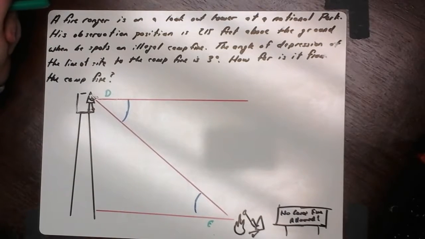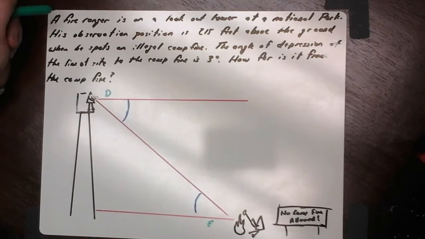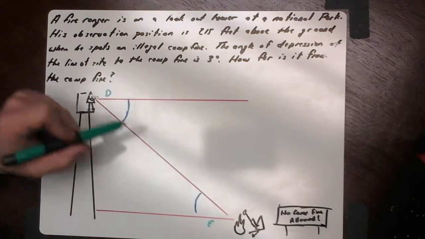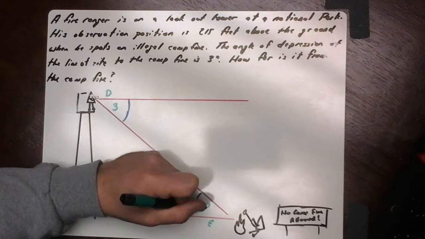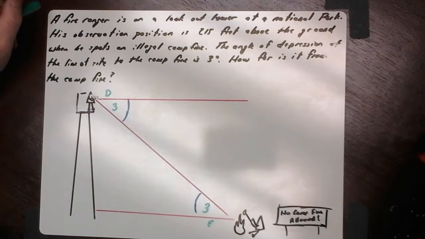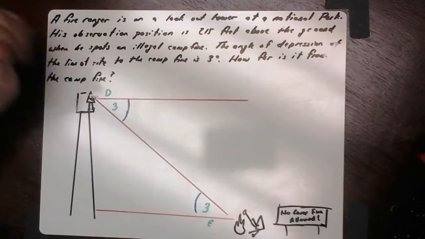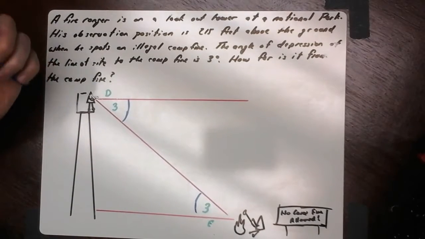If you look closely, you may notice that these are alternate interior angles. So that means that they're equal. So this here is 3 degrees, and this here is 3 degrees. Now, we want this distance down here. So let's use blue.